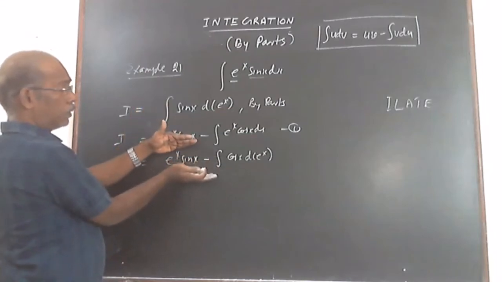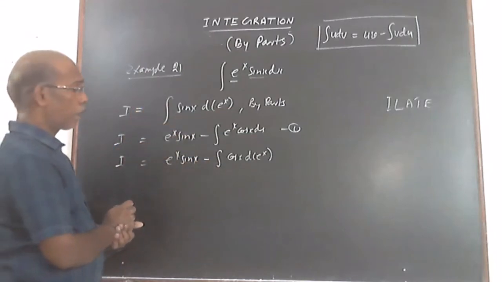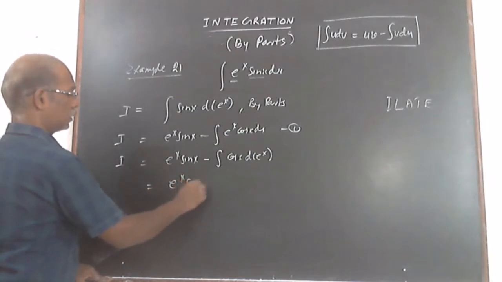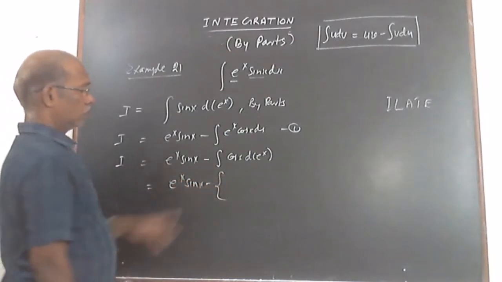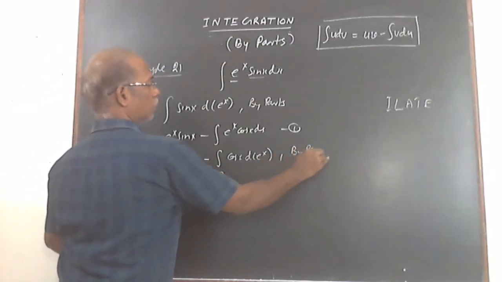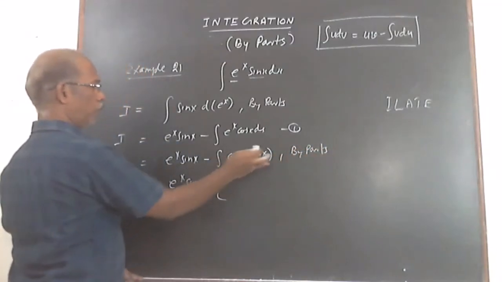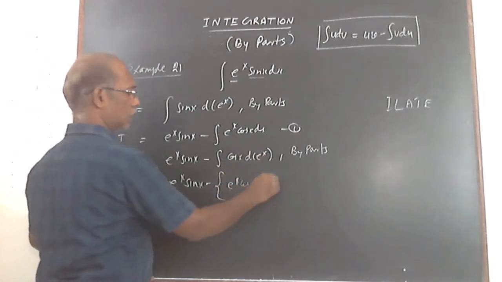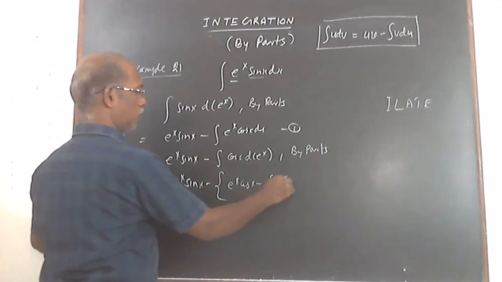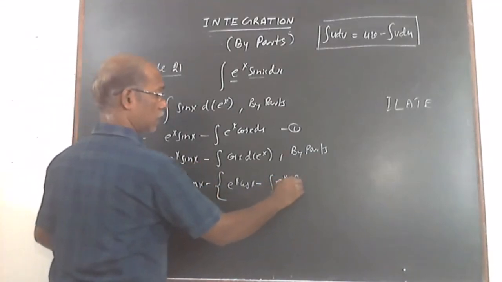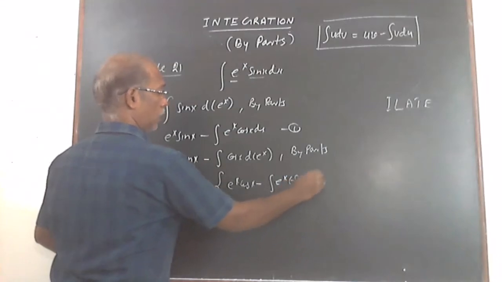Now this is the beginning of the second stage. e power x sin x minus, applying by parts, uv: e power x and cos x minus integral of e power x, derivative of cos x, minus sin x dx.